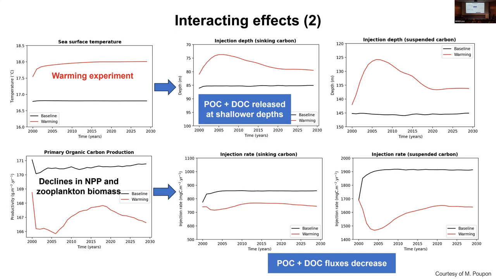The combined effect of both where the carbon is injected and released, plus the reduced fluxes, would imply significant decreases in the strength of the active flux with climate change. So this is only in the North Atlantic. I think the story will change once we look at the whole ocean, but this at least gives you one step of the way towards addressing this question.